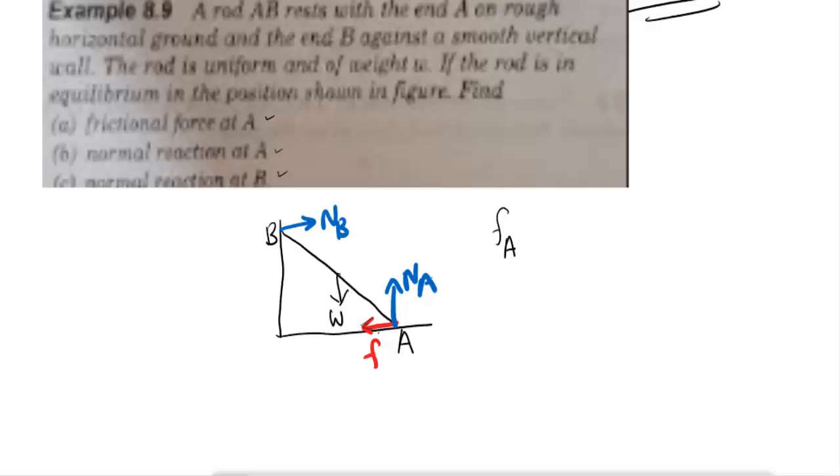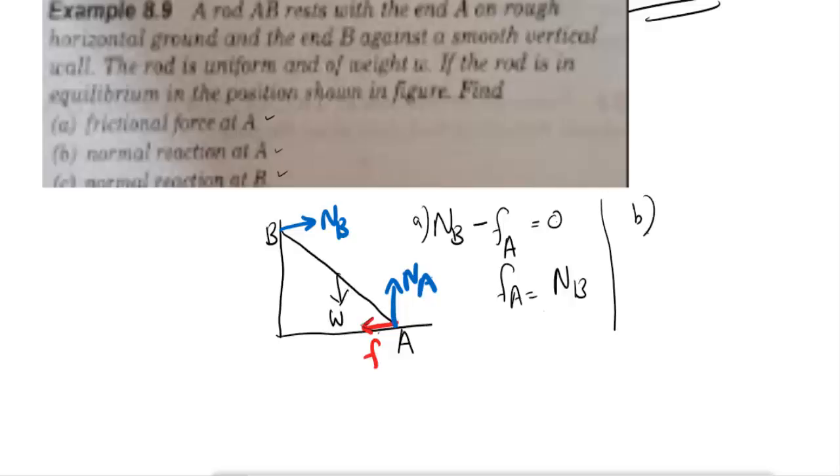So usually from here we consider the right side as positive and the left side as negative. So here also I can consider NB minus FA equals 0. So here I am getting FA equals NB. Frictional force acting at A will be equal to NB. So this is for the first one.